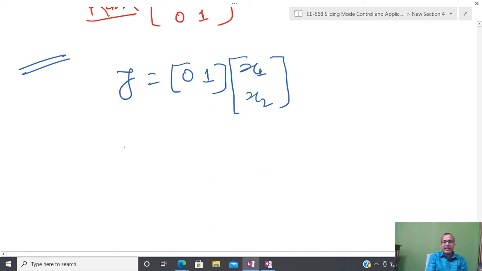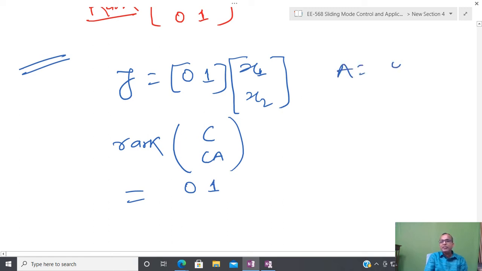I am going to check the rank of C and CA, and I have to make sure that the rank of this matrix is full. So C is 0 1, and if you multiply C with A, where A is 0 1 0 0, what is the multiplication CA? R1 into C1 is 0, and R1 into C2 is 0.